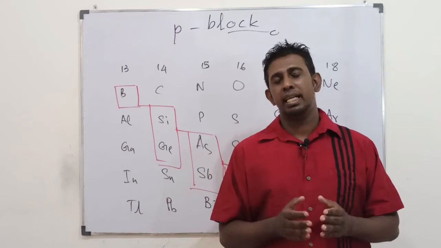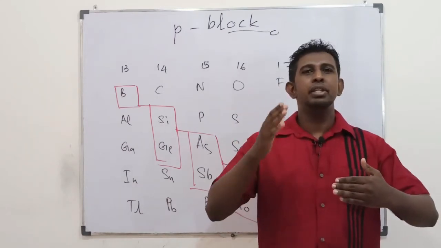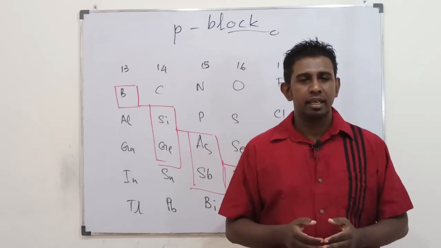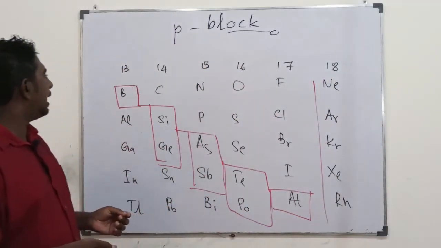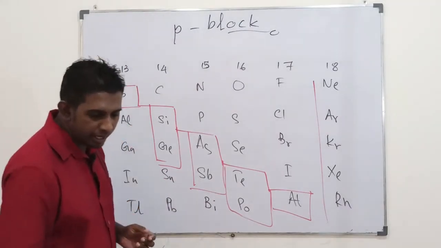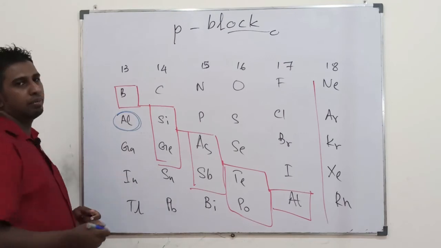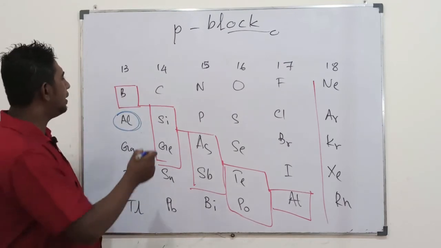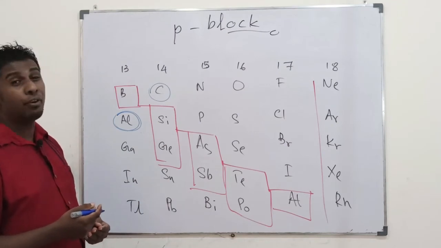Further, we are going to study at least one element from each group under the P block. We are going to pay our attention mostly to aluminium under the 13th group. Next we are going to discuss carbon's chemistry under the 14th group.